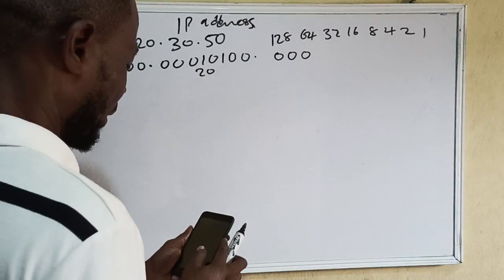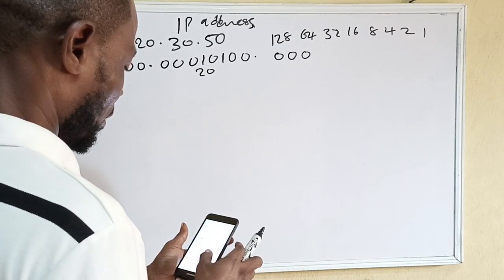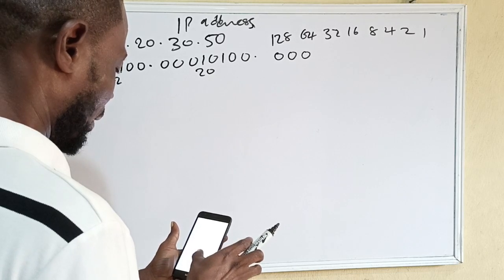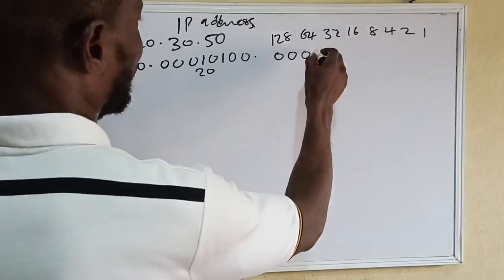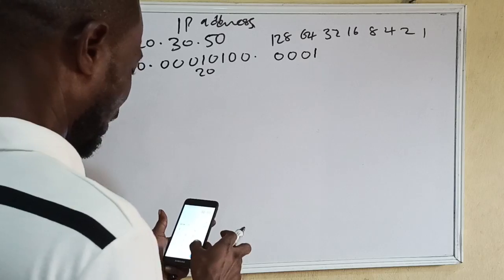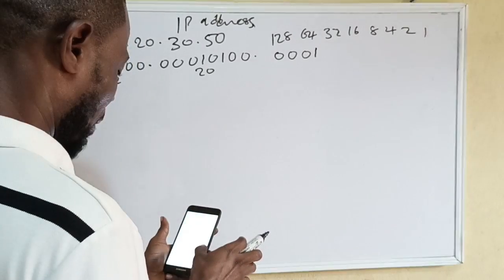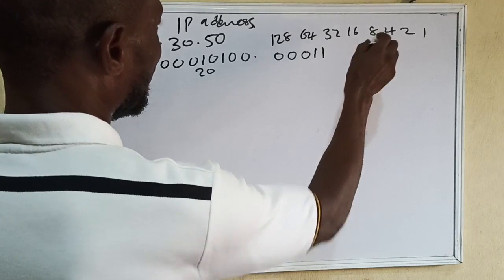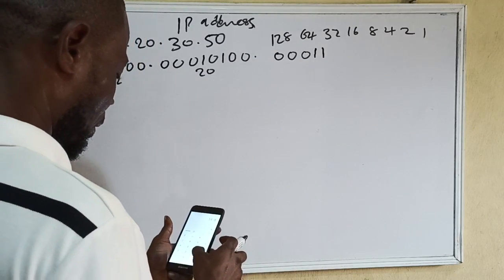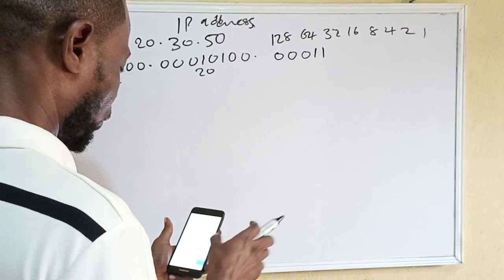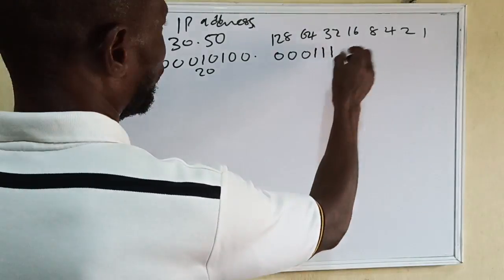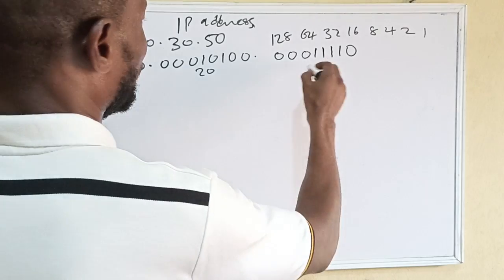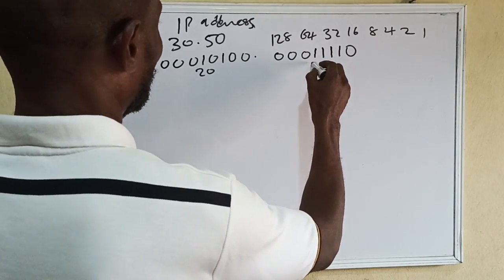Of course, yes. 30 minus 16 is 14. 14 minus 8 is 6. 6 minus 4 is 2. 2 minus 2 is 0. So here this is 30.